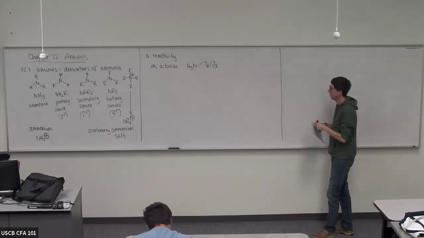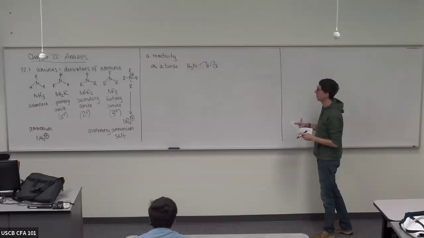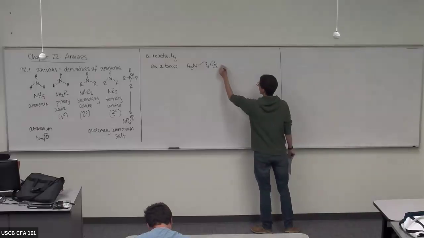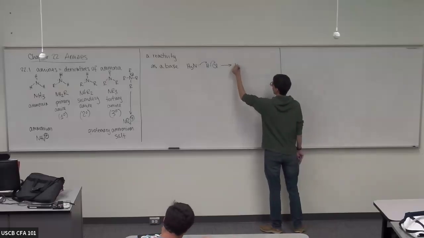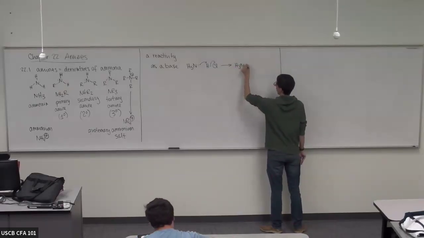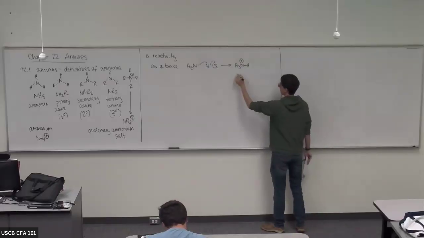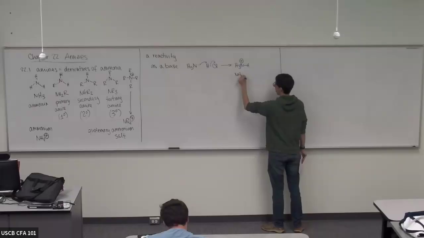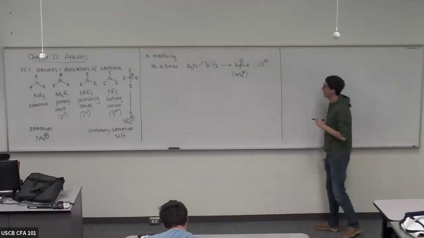You can just deprotonate the acid, or you could do this with a carboxylic acid. That's what happens in amino acids. And so we get, well, this is just NH4 plus.